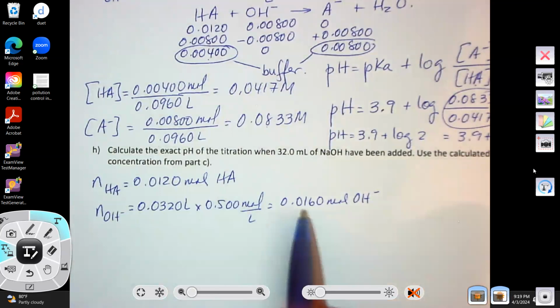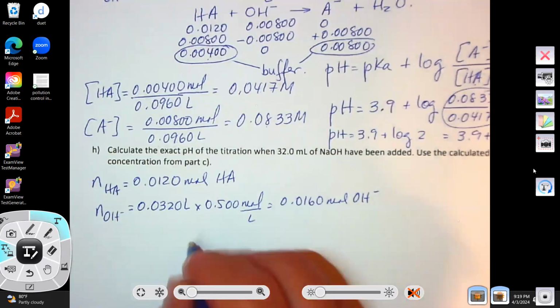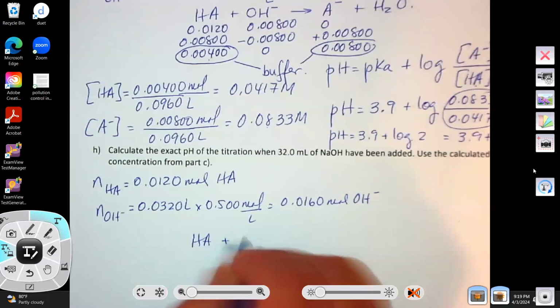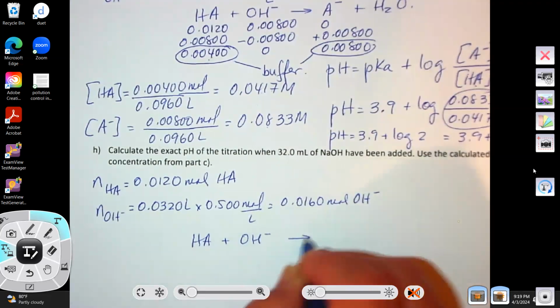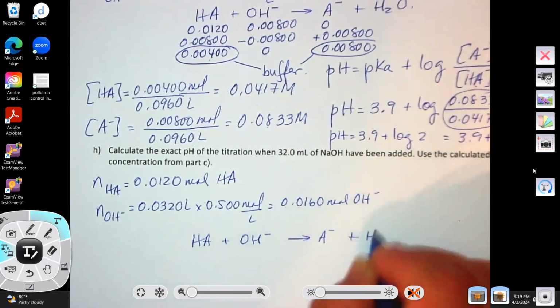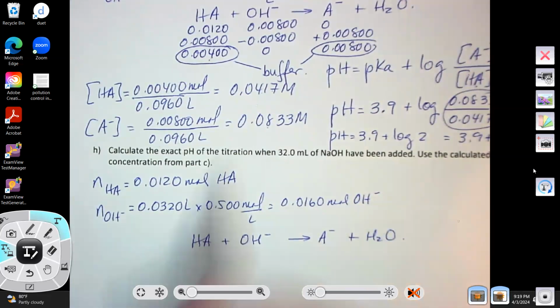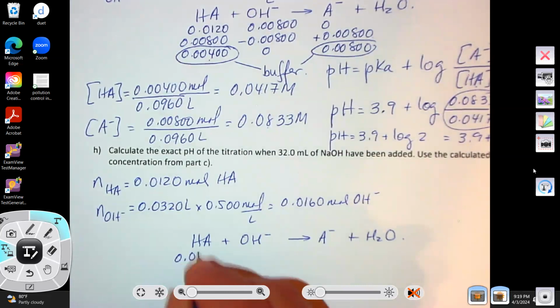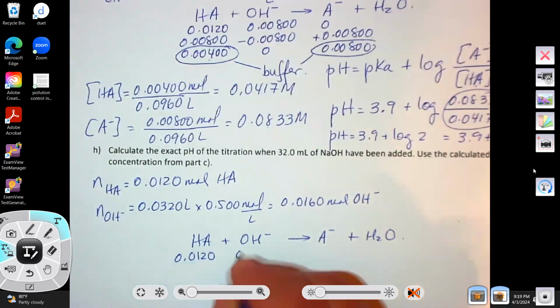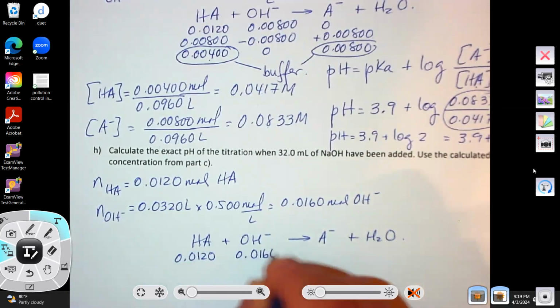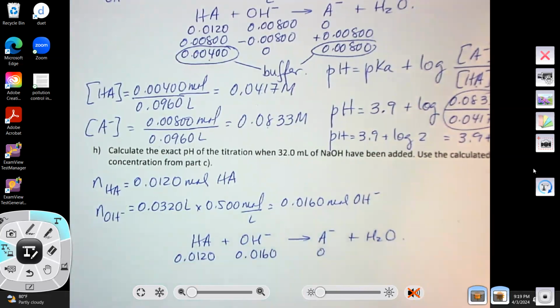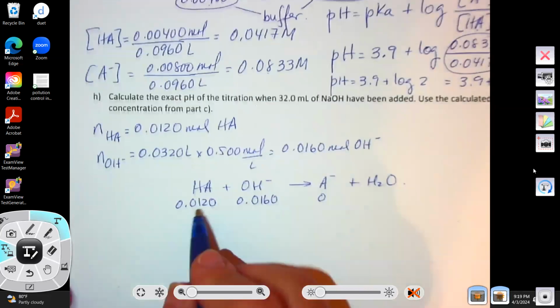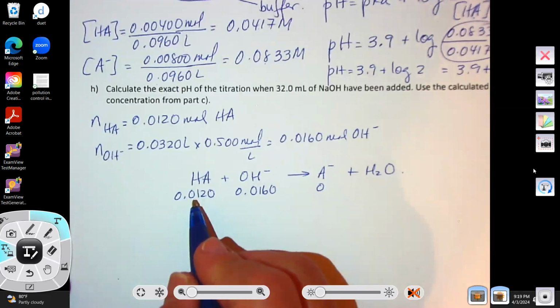So you can tell that you're now past the equivalence point, because in the reaction between HA plus OH minus forming A minus plus water, if we do the same analysis that we did here, you started with 0.012, and you started with 0.016, and you started with 0, and then now your HA is your limiting reactant.